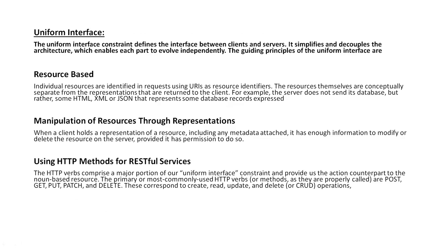So let's see what the uniform interface means. The uniform interface constraint defines the interface between client and server. As I told you, the RESTful architecture is a client-server architecture. The uniform interface defines an agreement between client and server.